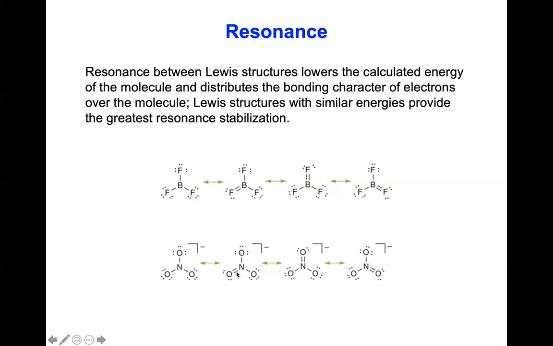The N-O double bond can be formed with this oxygen, this oxygen, or this oxygen. So then you have these four different structures to form resonance for this NO3 anion. Does that make sense? That's called the resonance structure.